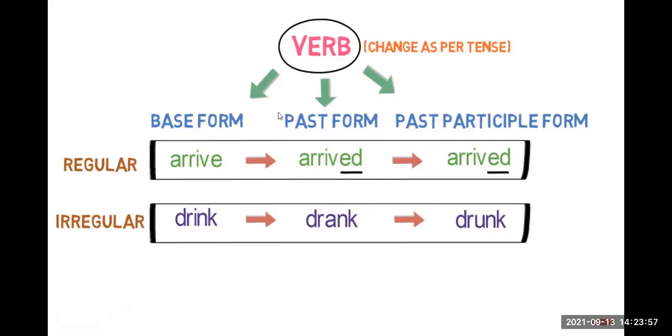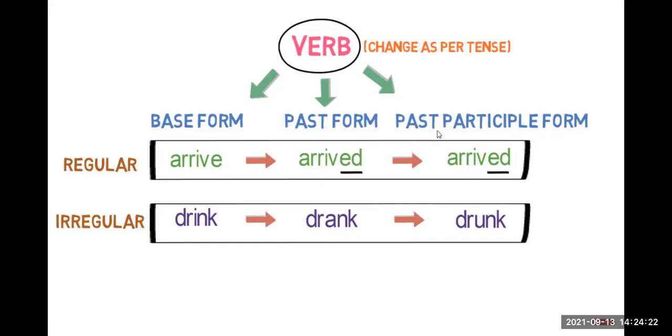Then we have the past form, okay? Sometimes the past form could be regular. It means that it finishes in ed. And they can be also irregular. We need to change the verb. Okay, and then we have the past participle form.